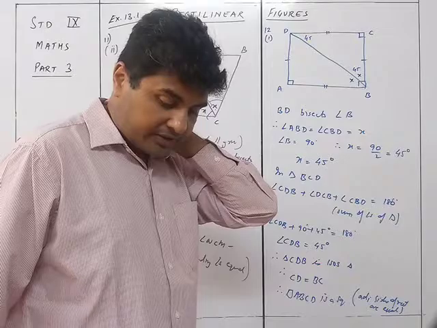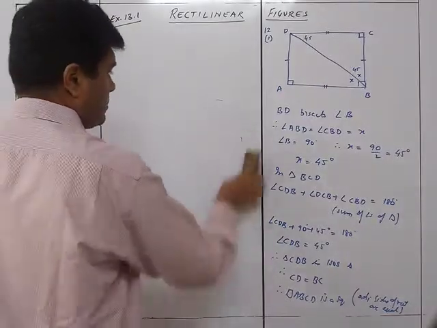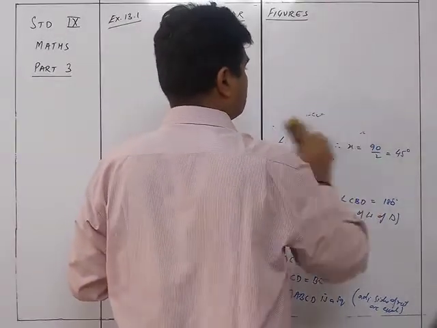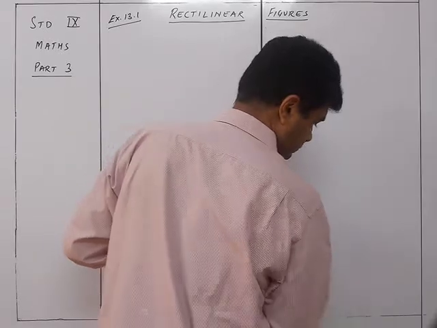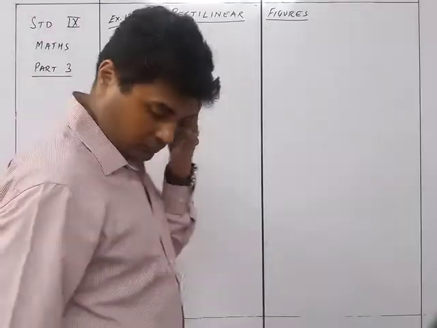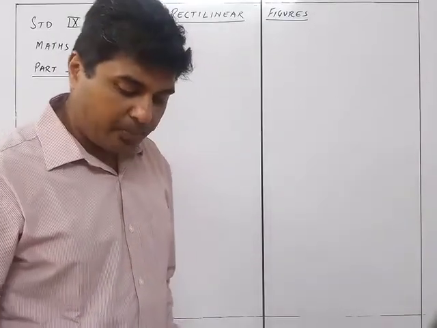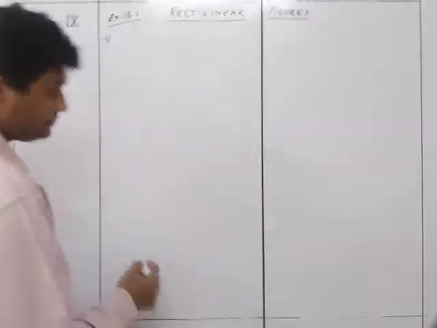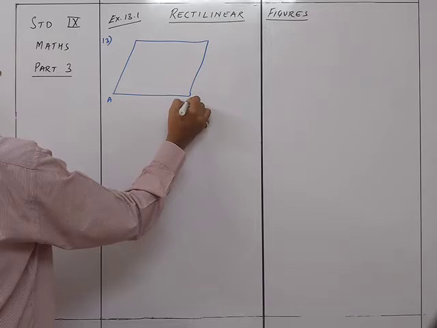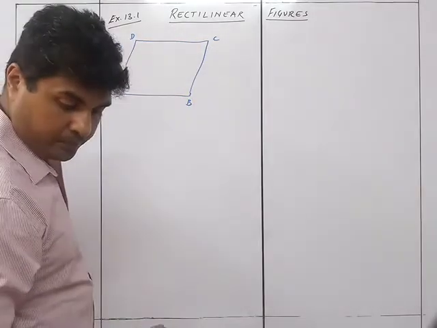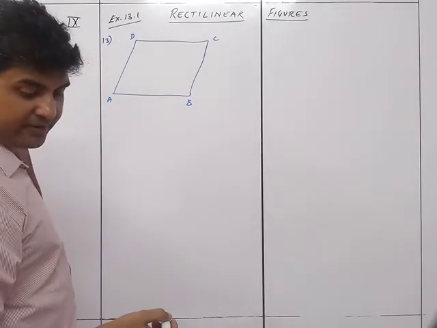We now move on to sum number 13. P and Q are points on the opposite sides AD and BC of a parallelogram ABCD, such that PQ passes through the point of intersection O of the diagonals AC and BD.